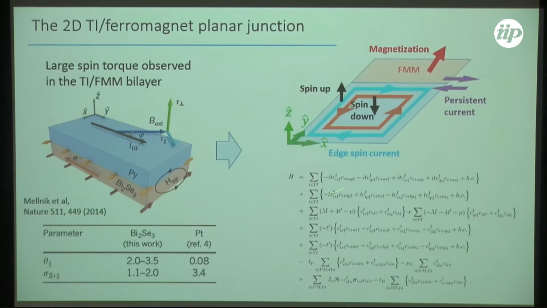Now, we built a lattice model to study this, because it turns out that if you really want to correctly capture how the edge state behaves in this kind of metallic and topological insulator junction, this lattice model seems to be the only way to study it.